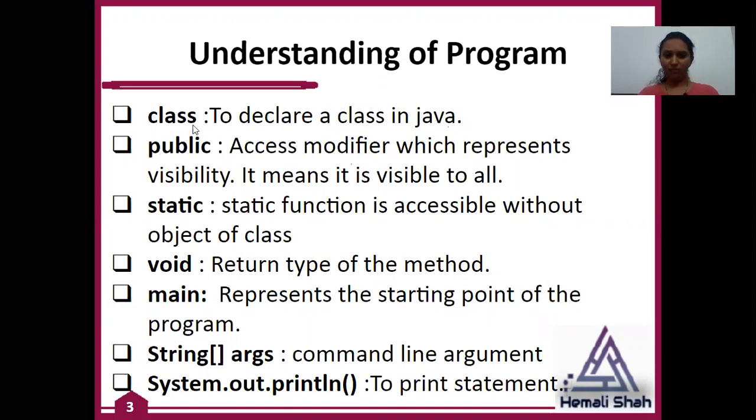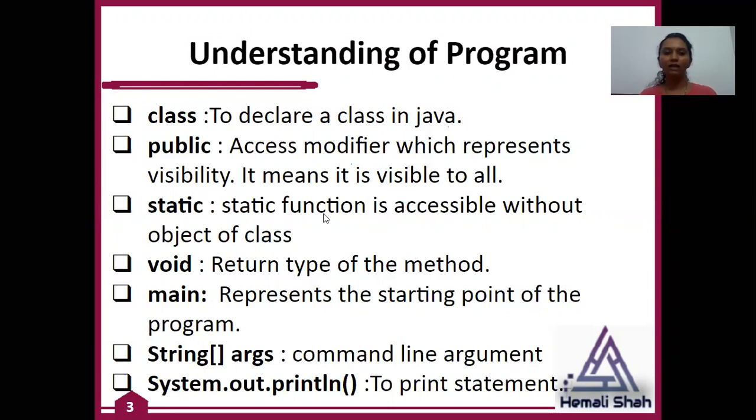Public and static are both keywords available in Java. Public is an access modifier keyword that provides the visibility option to your function. Public means it is visible to all the classes and from everywhere, and you can access that particular function from everywhere.